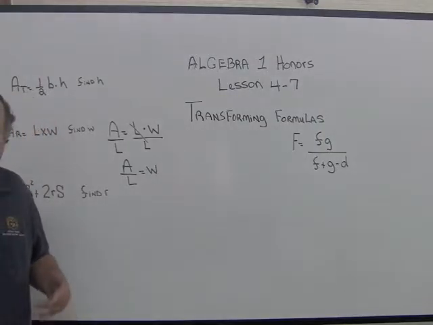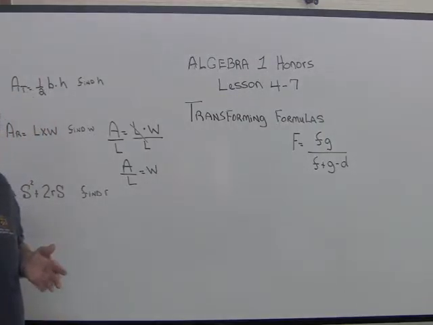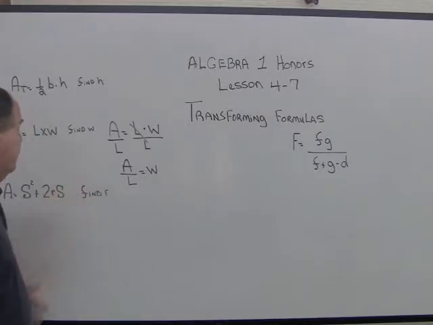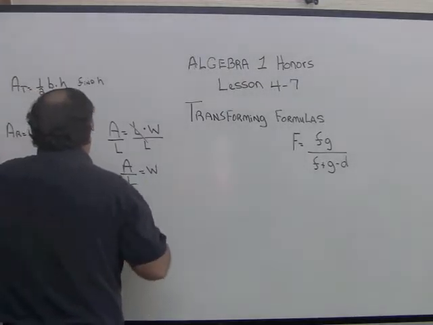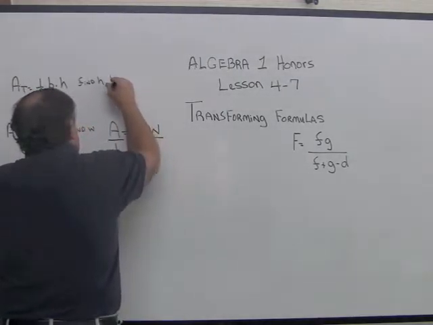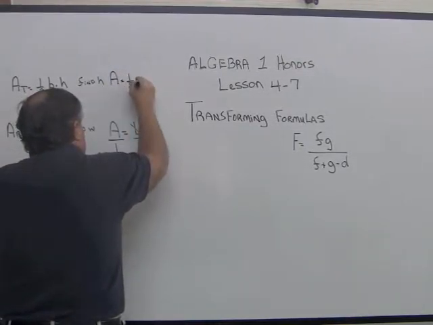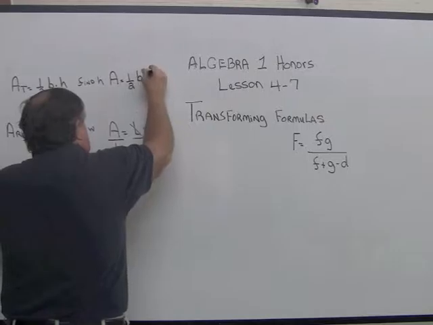And it works with a little more difficult problems. What you're going to try to do is undo your equation. So let's look at this one. The area of a triangle is 1/2 base times height. So what we're looking for is to find H. Right, so we have the area equals 1/2 base times height.